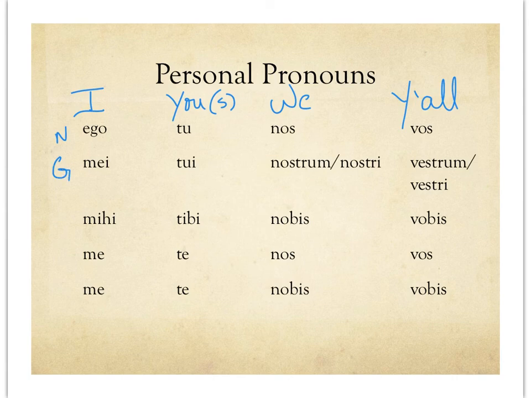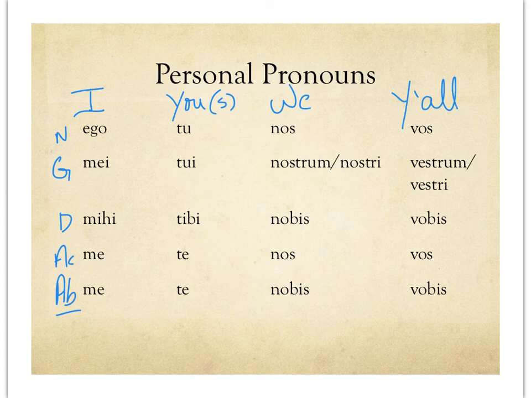And these are probably becoming pretty familiar to you by now because they tend to crop up here and again. You can see ego means I, but it's the only one where we don't have the letter M. And after that we have mei, mihi, me.